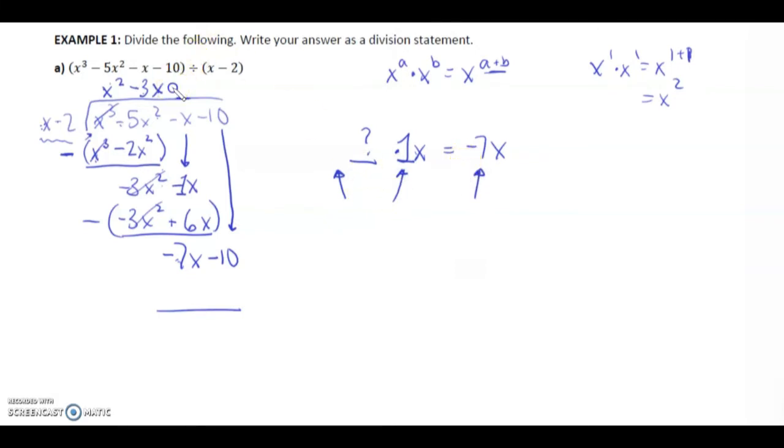Well, that's going to be negative 7. And then what variable of x, if any, times x is going to give us x? Well, we won't be able to have one. We won't have a variable because a constant times the x is just going to give us the constant with an x on it.